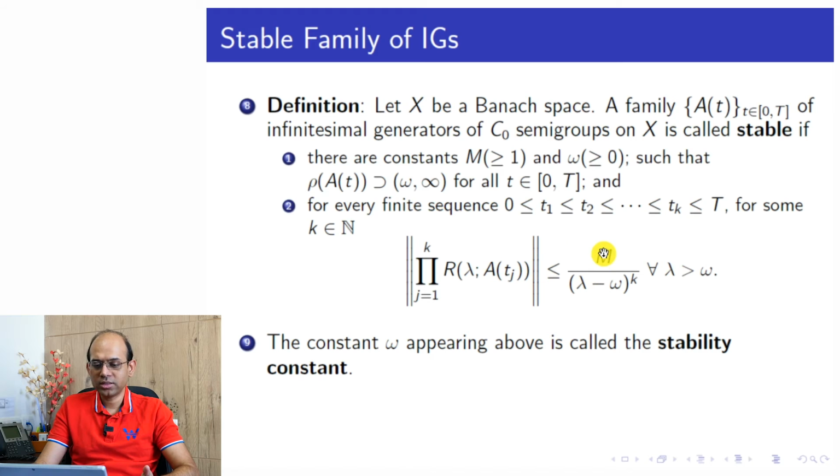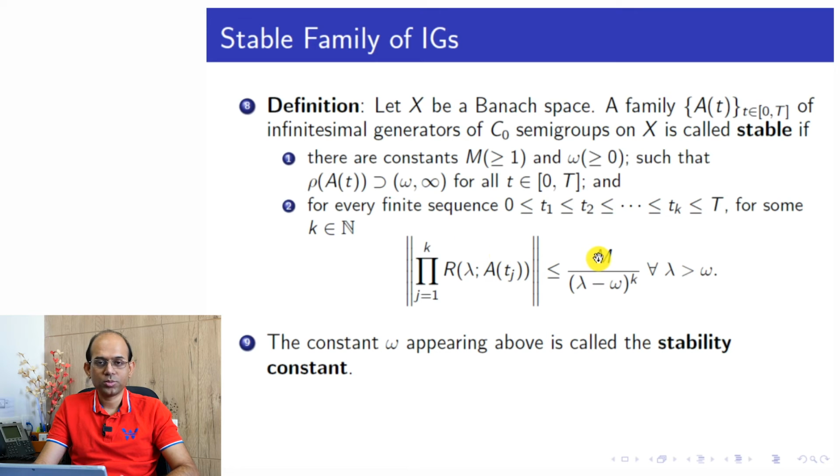So surely this is an additional condition on the family A(t), correct? Because this should be satisfied for every lambda greater than omega. Omega is a fixed number which does not depend on t, and k is any arbitrary natural number.